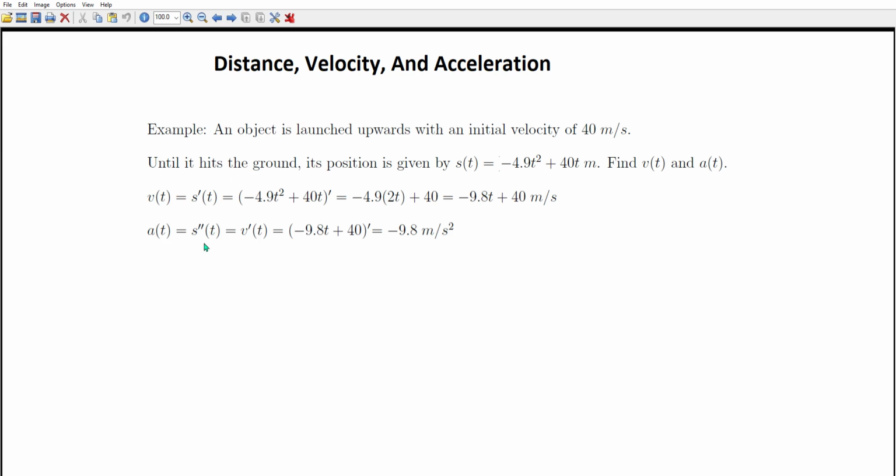The acceleration will be the second derivative of position, which is the first derivative of velocity, which is the derivative of minus 9.8 t plus 40. And the derivative of minus 9.8 t is minus 9.8 times the derivative of t, and the derivative of t is 1. Derivative of 40 is 0, so we finally end up with minus 9.8 meters per second squared as the acceleration.